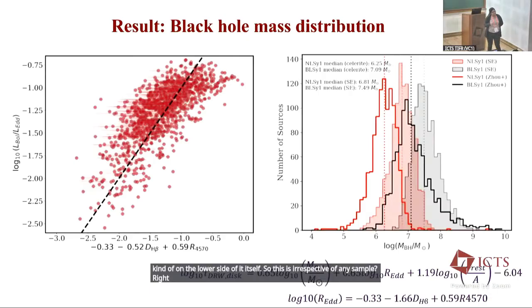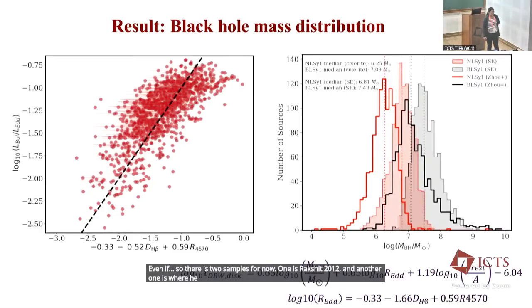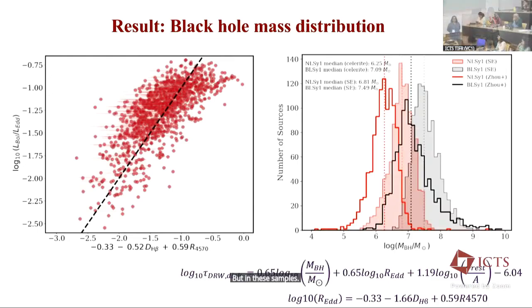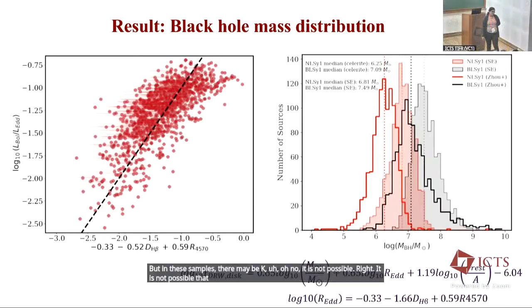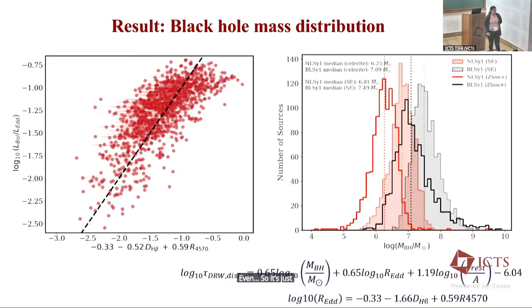Right, it's irrespective of any sample. There are two samples for now: one is Rakshit 2012 and another one is Vedhai 2017. Both samples show the same. It is not possible that one black hole lies in both sets. It's just an offset in the DRW model.